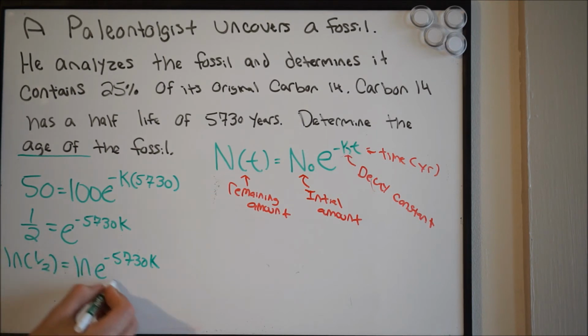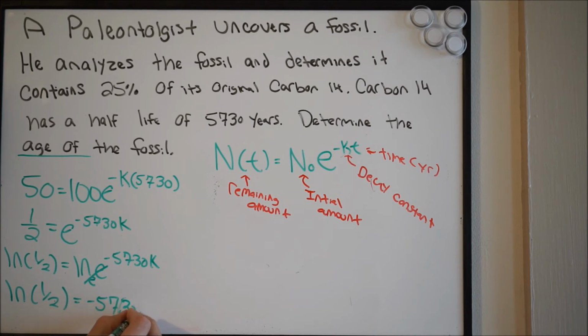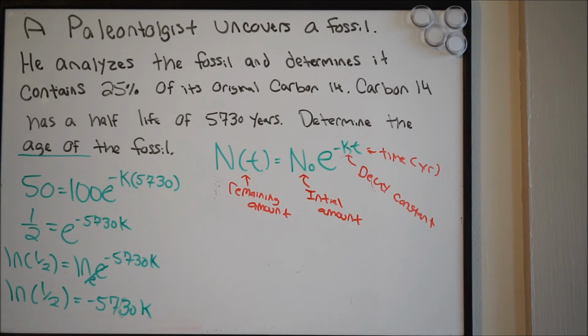Okay. And again, we talked about inverse properties of logs. This is simply going to cancel out again because this really has a base of e and they're inverse, right? So this is going to cancel out. And now we're left with ln 1/2 equals negative 5,730. Okay.